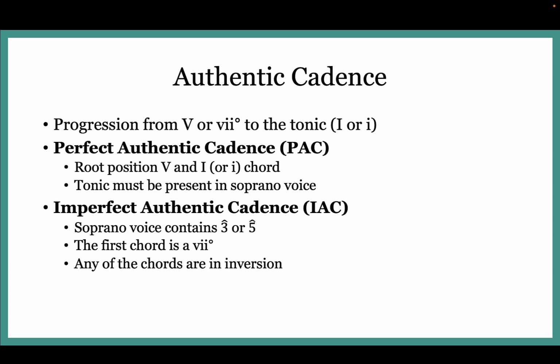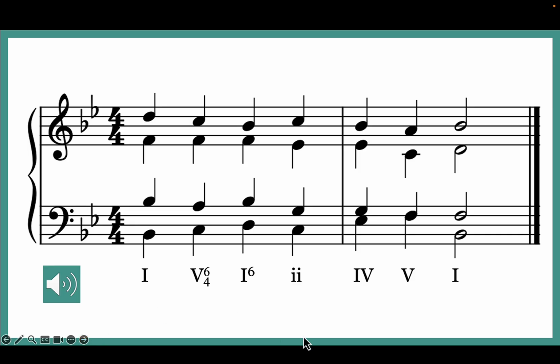And then if any of the chords are in inversion, so you could have a 5 chord and a 1 chord, and if the 1 chord is in inversion, it's already imperfect authentic, even if do is in the soprano. If there's an inversion, it's automatically an imperfect authentic cadence. So let's go over some examples.